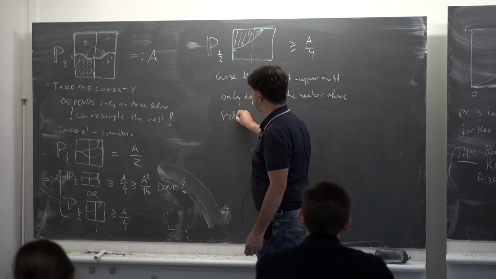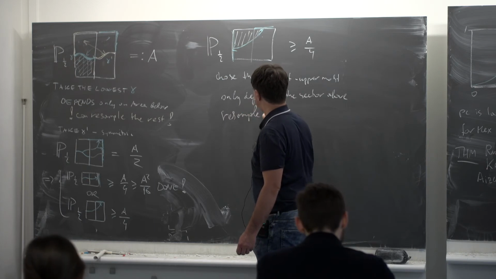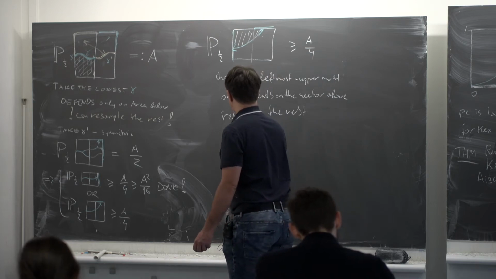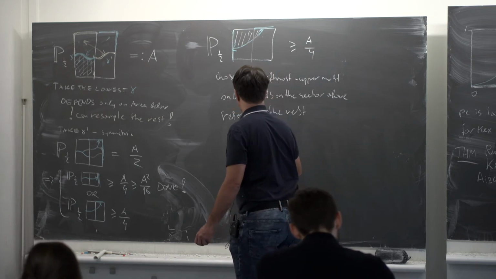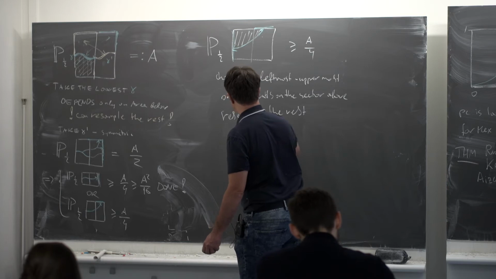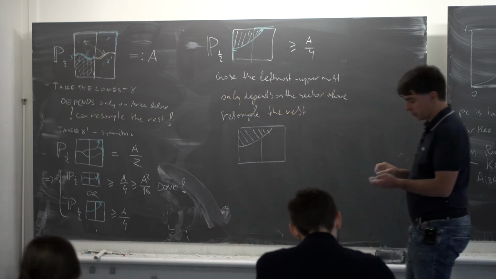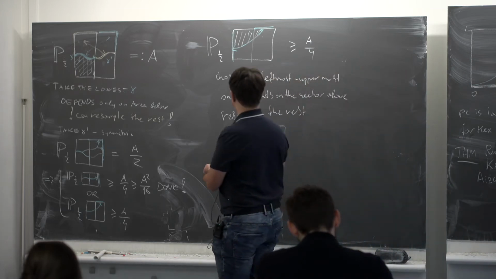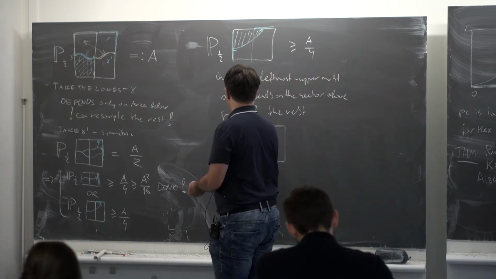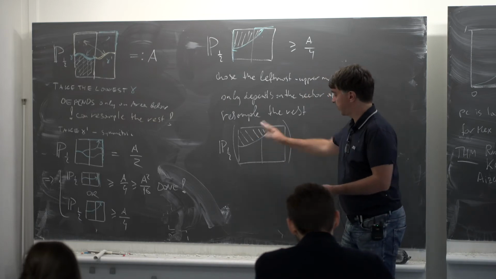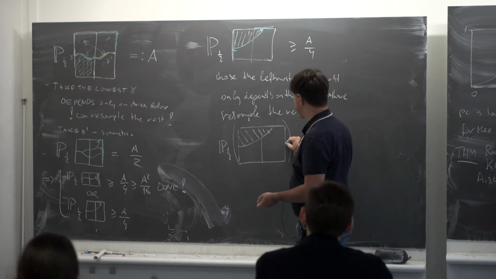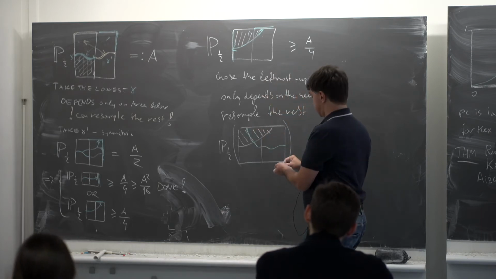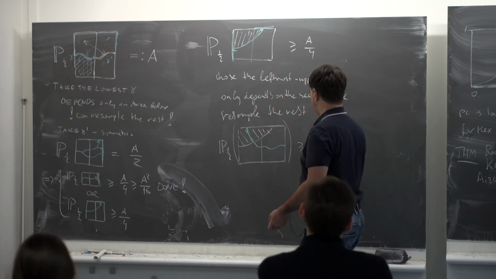So we resample the rest. We can resample the rest of the picture. And by symmetry, the probability at 1/2 that in the rest of the picture you have a symmetric version of it, so you have some symmetric version which goes like that, is at least A/4.